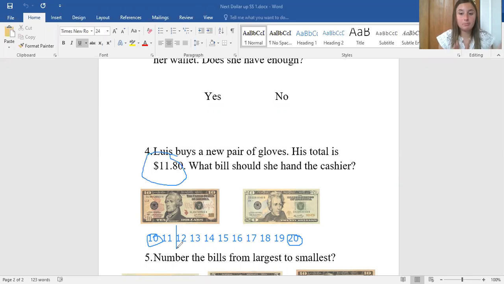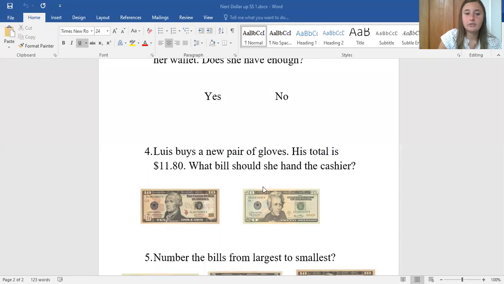So remember, numbers get bigger as they move to the right. So I'm going to move this way because I can't use less than what I owe. And the first thing that I come in contact with is this 20. I never went past the 10 because it was below. It wasn't enough. So Luis should use a $20 bill in order to cover that purchase.